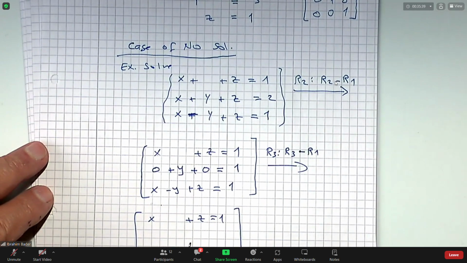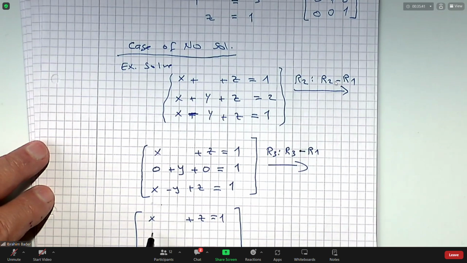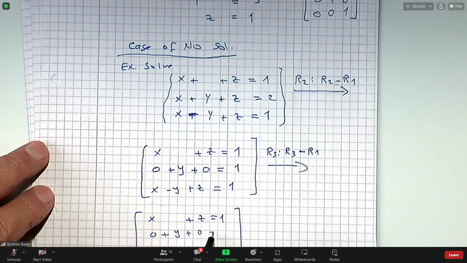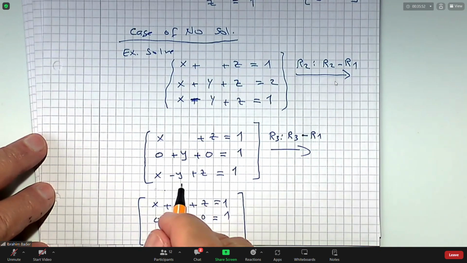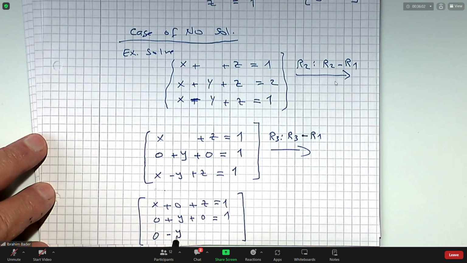The second one is the same: 0 plus y plus 0 equals 1. Then R3 minus R1: we get 0 minus y, and z minus z is 0, and this is equal to 0.